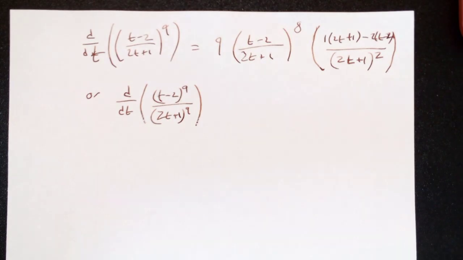Look at what you would do if you plug in a number. You take the number, subtract 2, raised to the 9th power. You take the number, multiply by 2, add 1, raised to the 9th power. And then last, you would divide. Which means the rule I'm doing on the outside is the division. The first thing I need to do is the quotient rule. But when I take the derivative of the top, there's a chain rule.